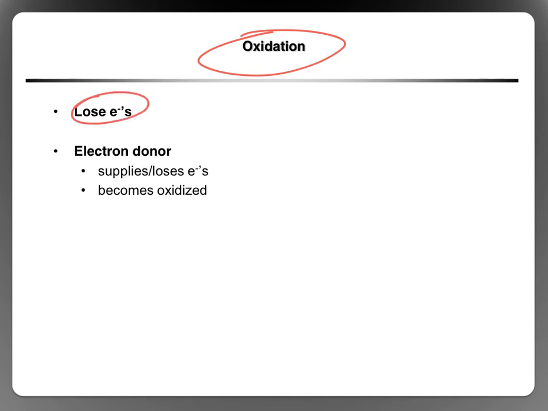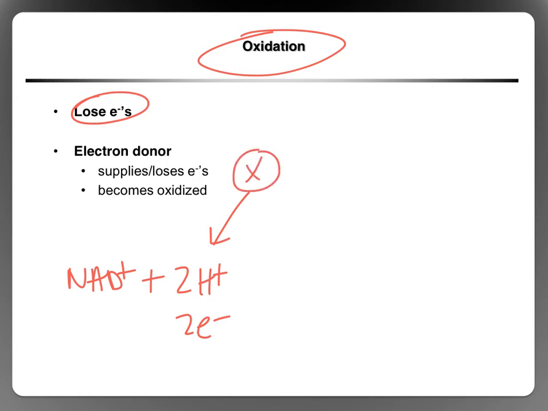On the last slide I said that NAD picked up some hydrogens. Well, those hydrogens and electrons had to come from somewhere, and they came from this other substrate.